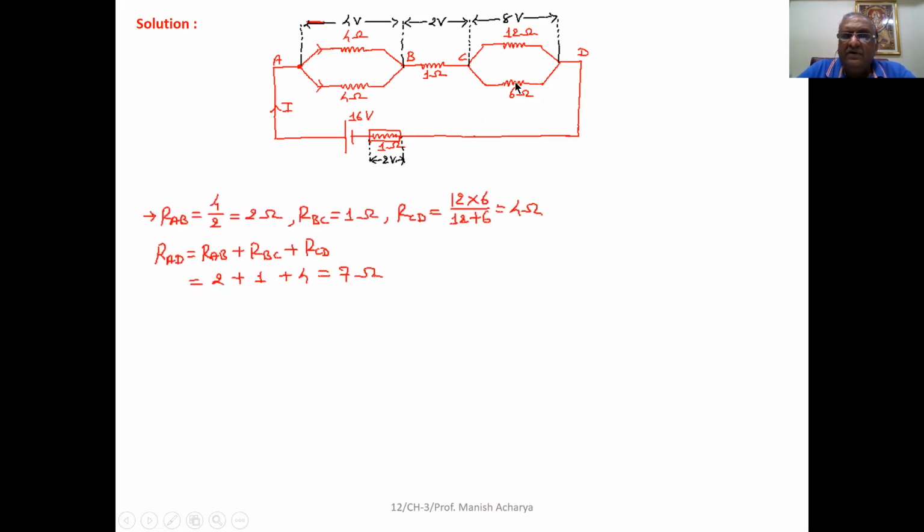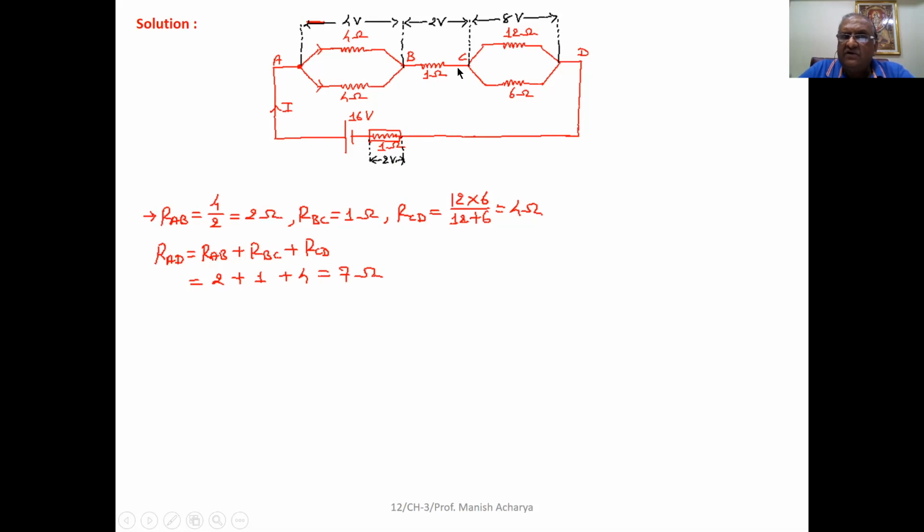So the equivalent resistance between A and B, both are 4 ohm and in parallel, so resistance across AB will be 4 by 2, that is 2 ohm.